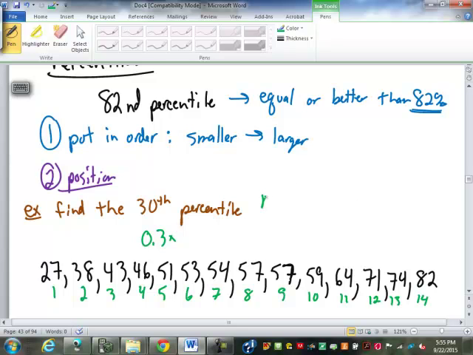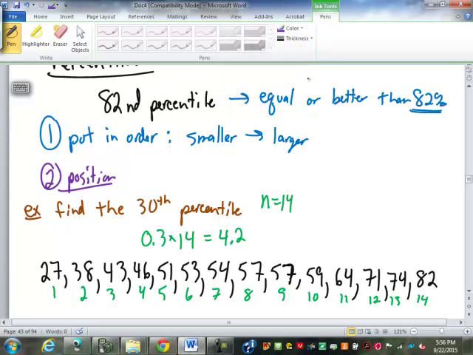There are 14 numbers, so n equals 14. Now there's another reason why I numbered them out, because we're going to need them numbered. So n equals 14, so the position of the 30th percentile is 0.3, the decimal of 30%, times 14, which is 4.2.